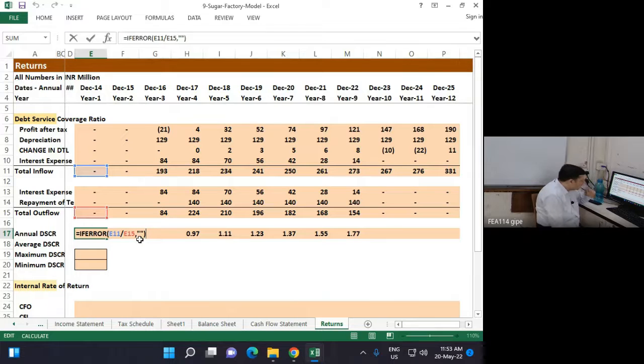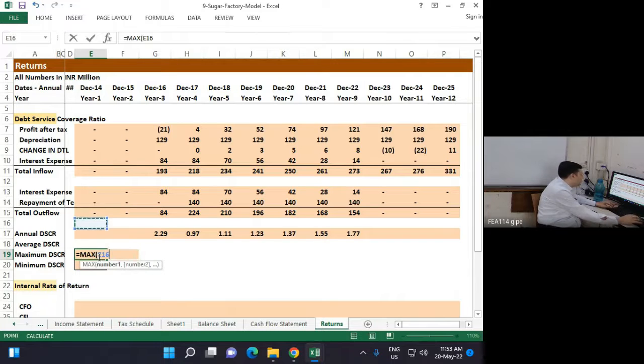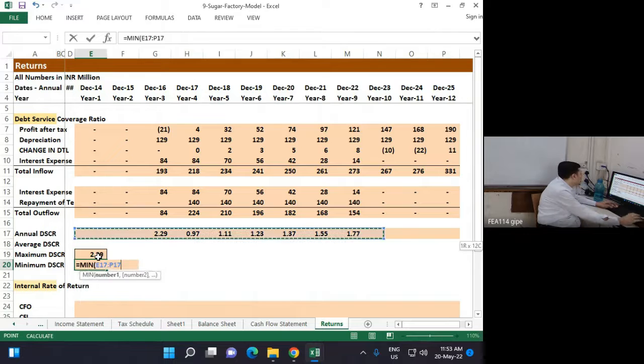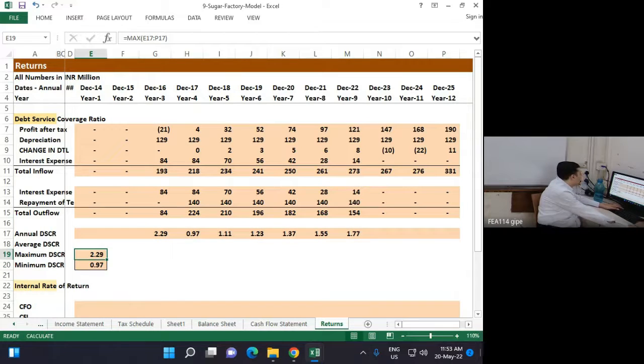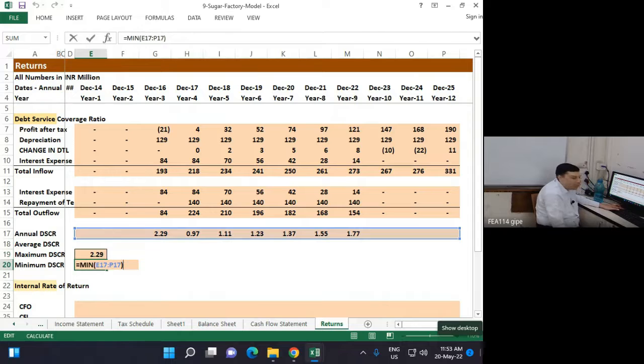Now we have the annual DSCR. That means we have calculated the DSCR for each year. Okay. And now we will find the highest and lowest DSCR first. Use the max and min function. मैक्स और मीन फंक्शन यूज करके आप हाईएस्ट और लोएस्ट DSCR निकालिए.